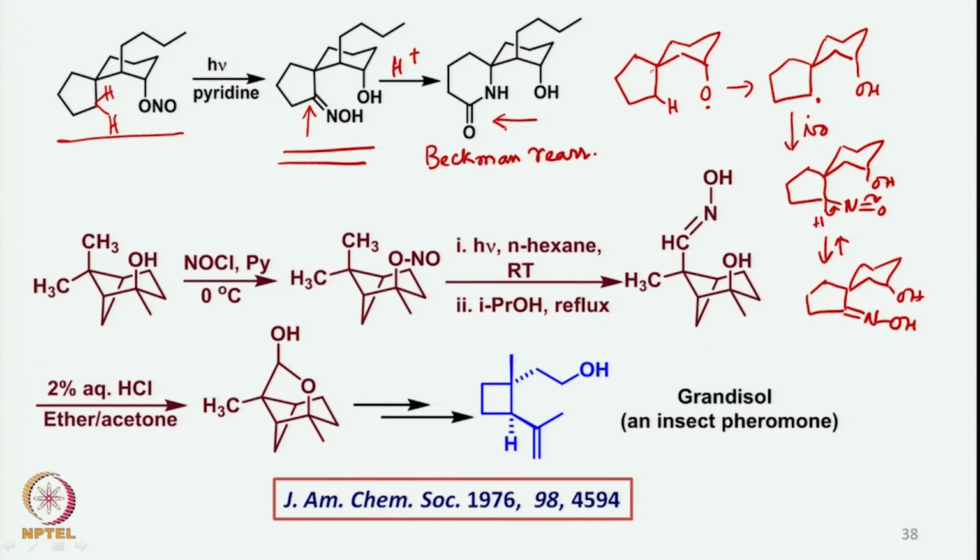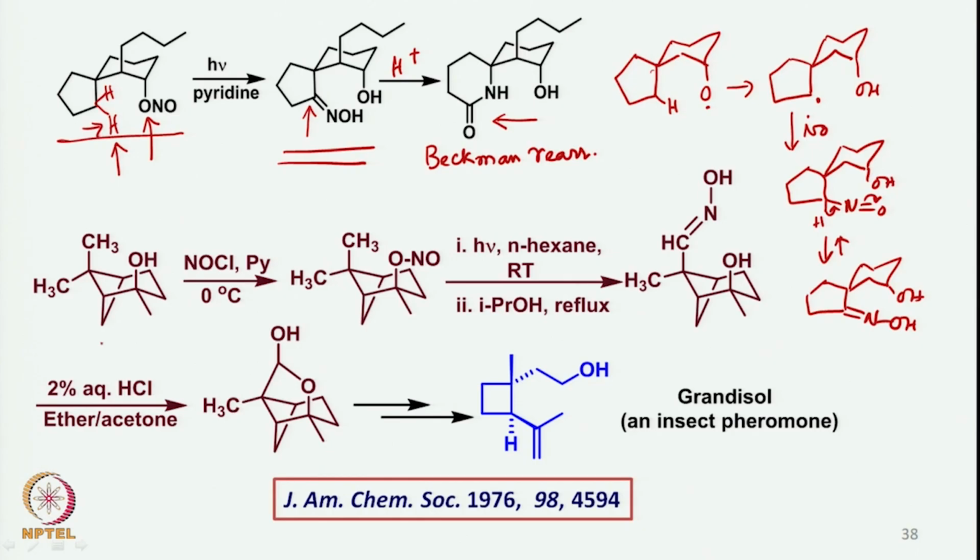So this is a very interesting method for functionalizing a carbon atom which is remotely placed, due to the proximity of the oxygen radical coming from this particular part of the molecule and the corresponding hydrogen which is approachable. One can functionalize the unfunctionalized carbon atom.